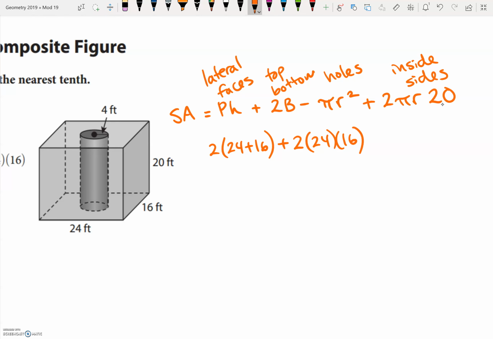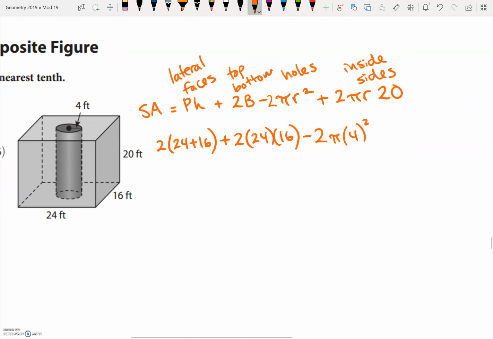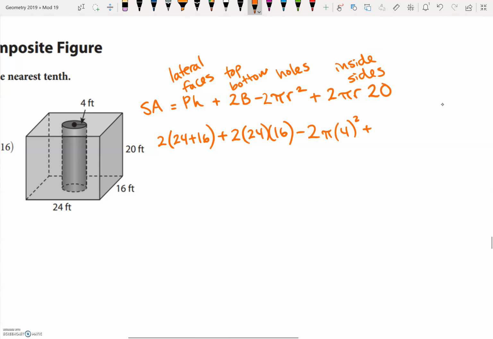Then we are going to subtract our circle. Actually, we're going to subtract 2 circles, aren't we? So minus 2 pi, our radius is 4 squared. And then we're going to add the sides. So 2 pi r, which is 4, and then we're going to multiply it by the height, which is 20.